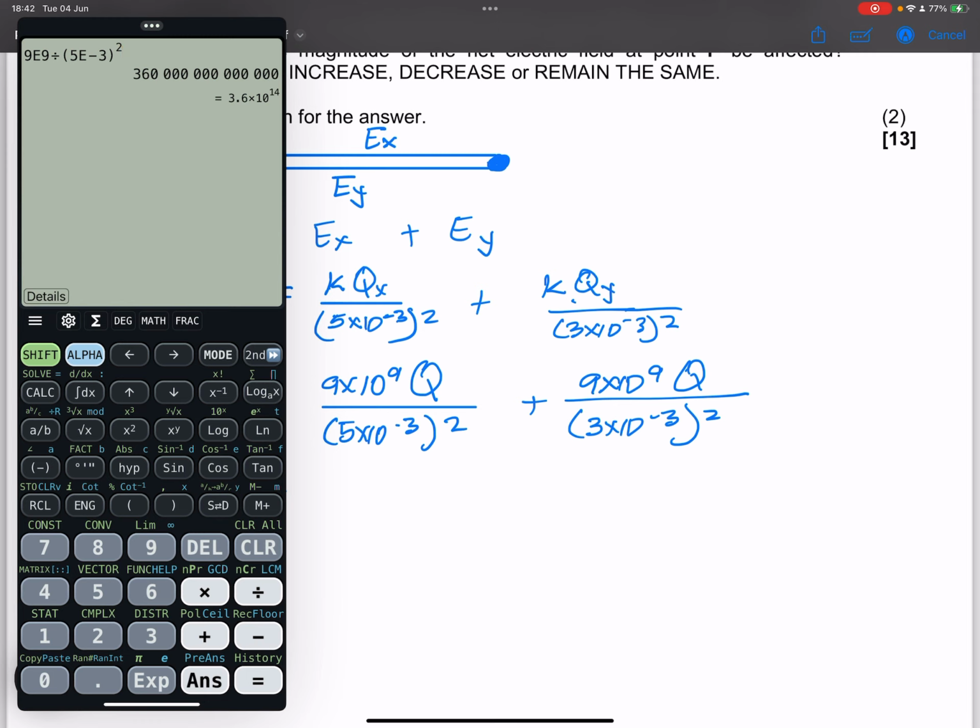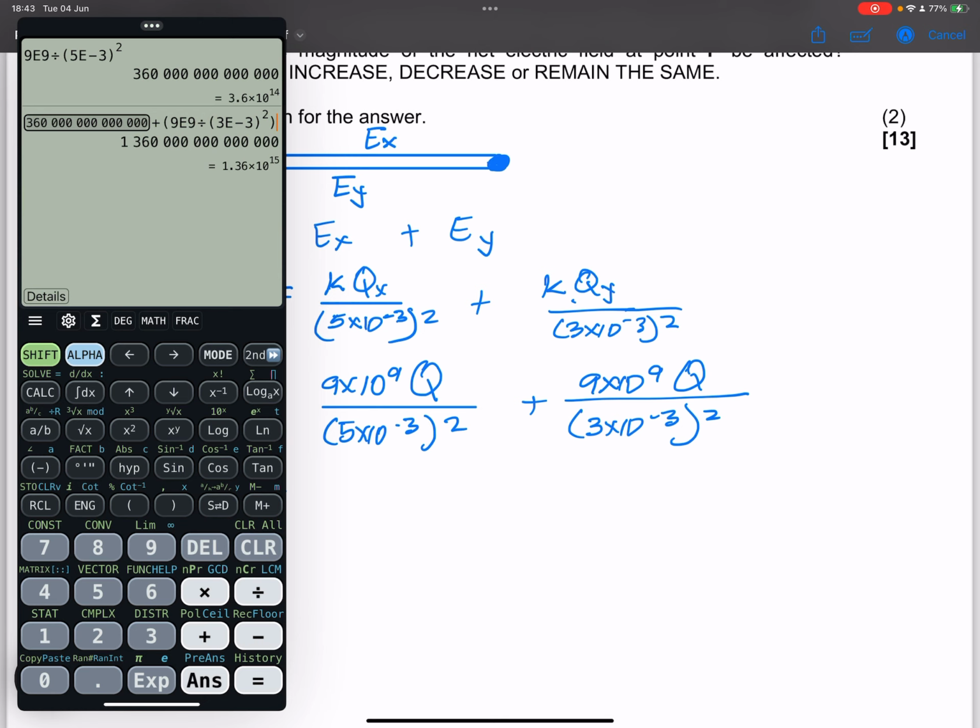Okay, so that's the first value for q, plus another 9 exponent 9 divided by 3 exponent negative 3. Once again, we're going to square this, and I close that entire bracket.